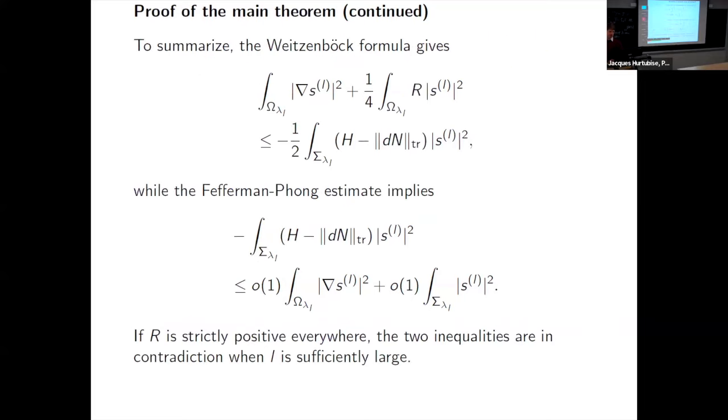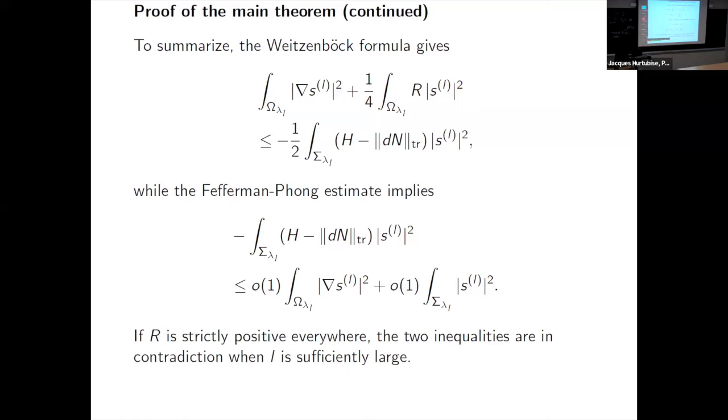And so then if you combine it with the integral formula, then from there you can basically finish the argument, because you have these two inequalities. The first one says that this good term is bounded basically by this boundary term involving the H^{-1/2} norm, and then the estimate of Fefferman and Phong tells you that this term is small compared to the H^1 norm of S. And so then if the scalar curvature is strictly positive, if it's bounded below by a positive constant, then these two things are in contradiction.